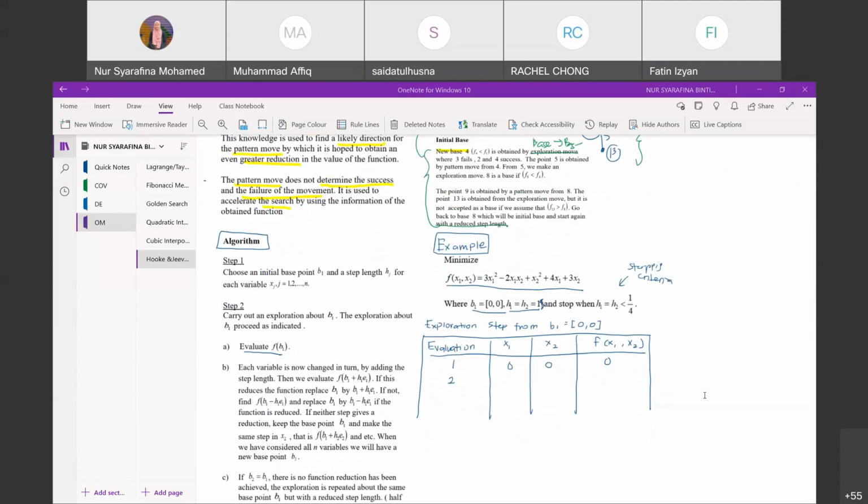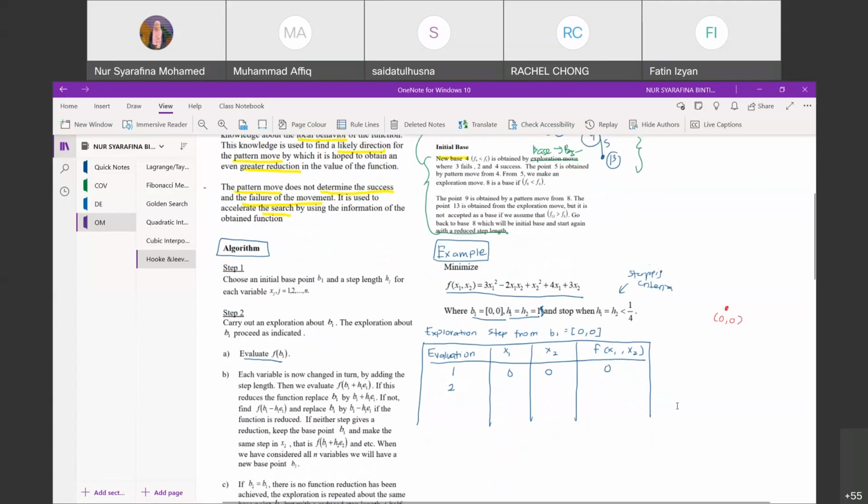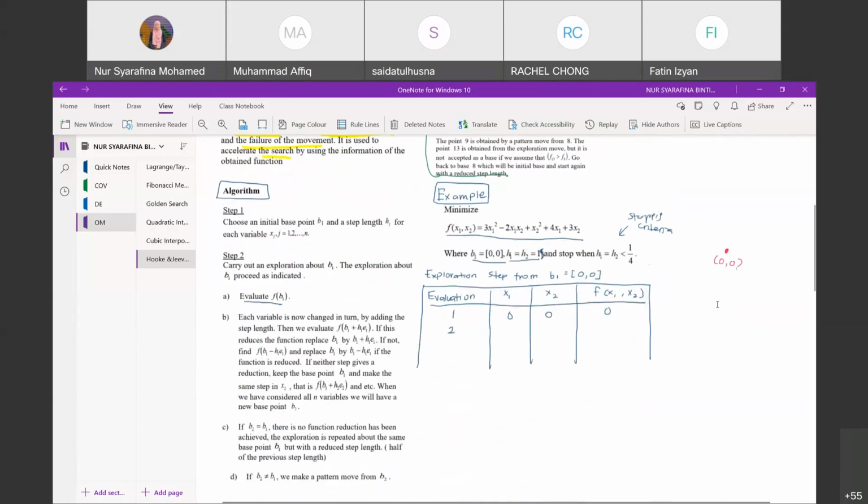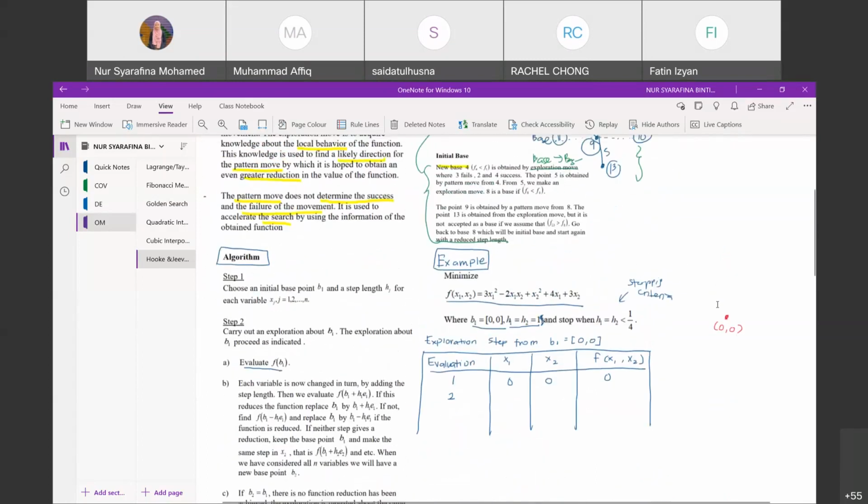Okay. So we should start with our base. So this is your base. Now we always move from right to left, to upside, to downside. So now we move to the right with h equals 1.